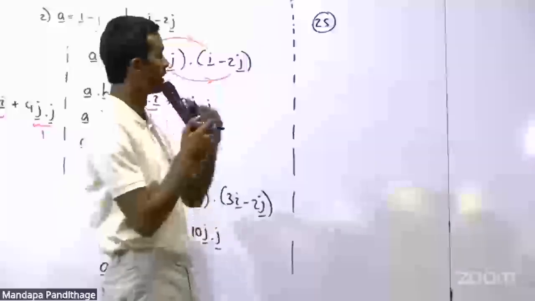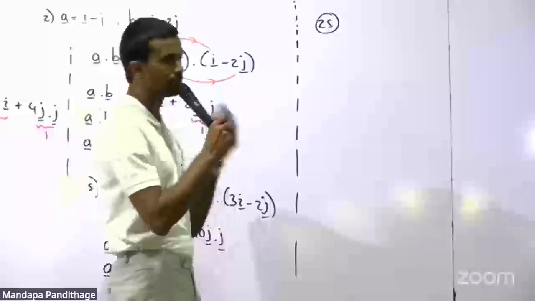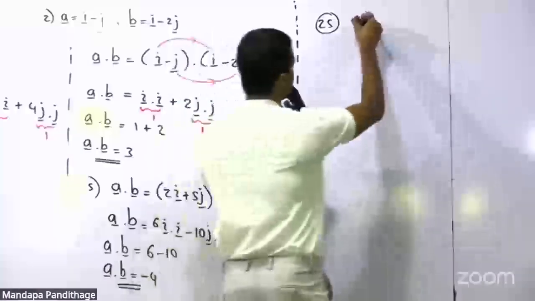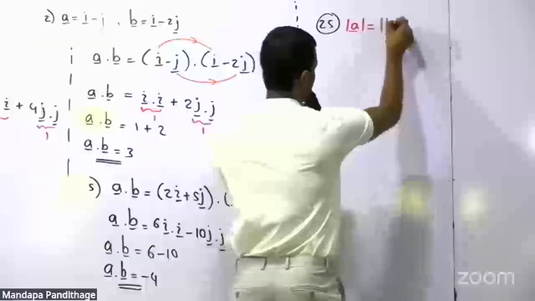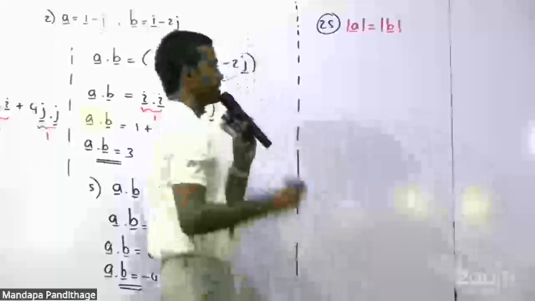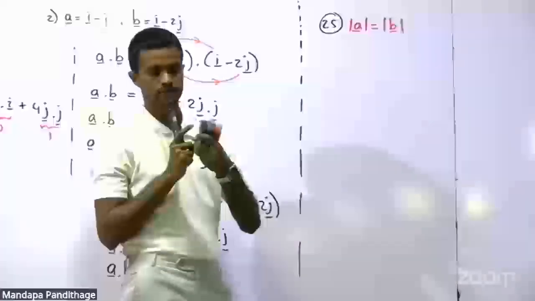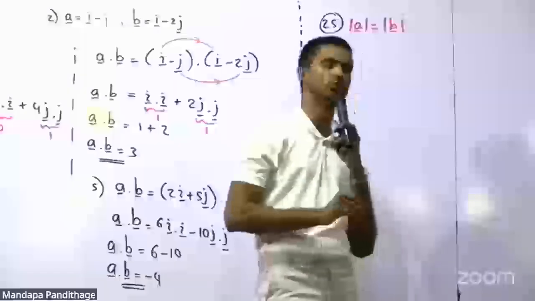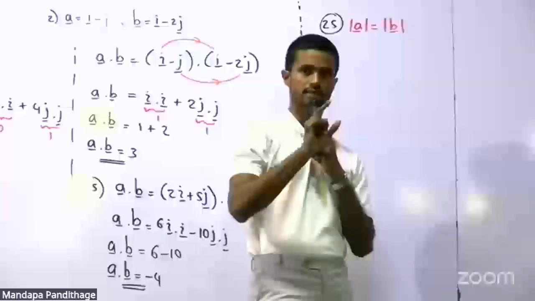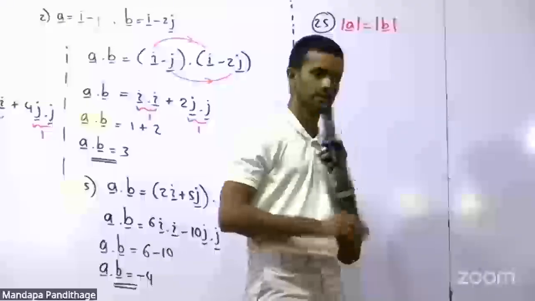Okay. So here they have given a condition: modulus A is equal to modulus B. And we are supposed to show that two vectors are perpendicular. So I told you, how are we going to show that two vectors are perpendicular? We need to show that the dot product between the two vectors is equal to 0.